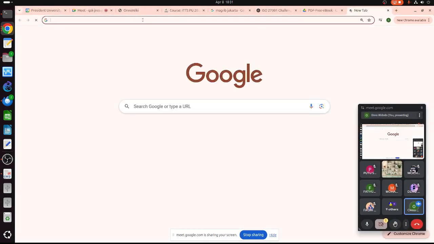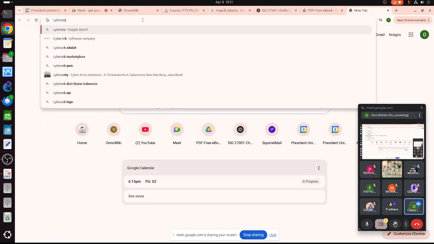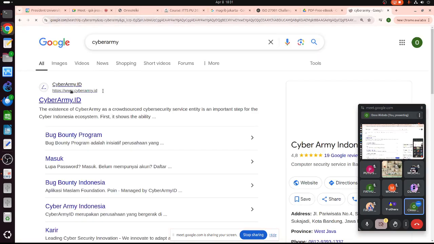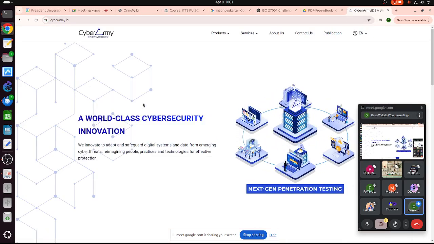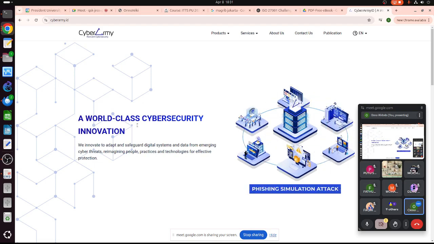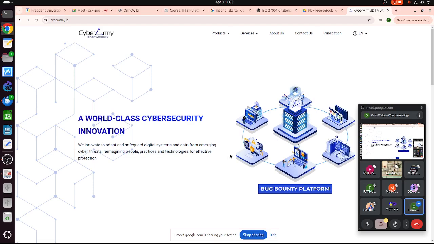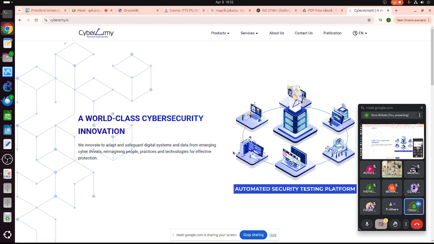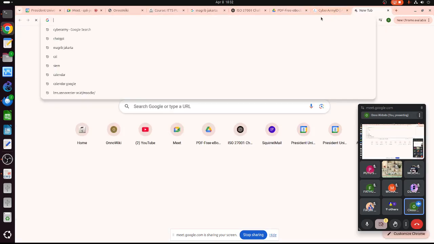So this file I borrowed from Cyber Army. They are quite active. So basically, Cyber Army is a company now, a world-class cybersecurity innovation company. They have several platforms. For example, they have this platform, Helium.